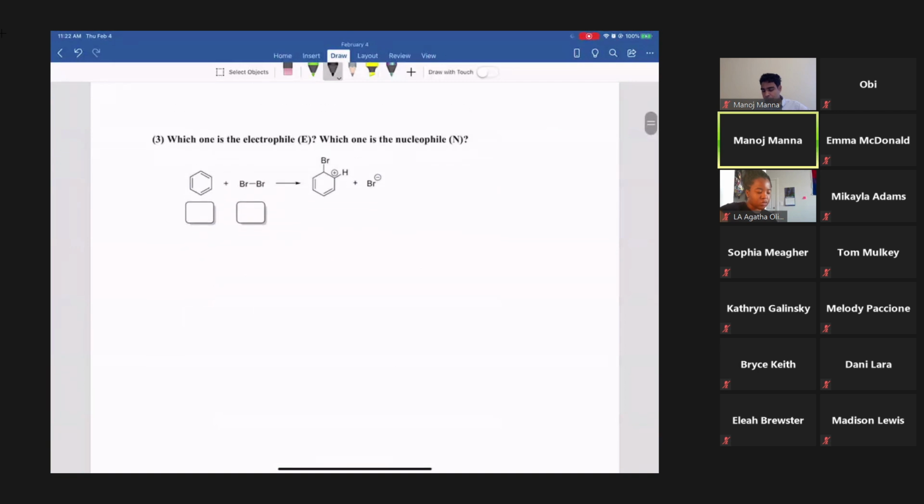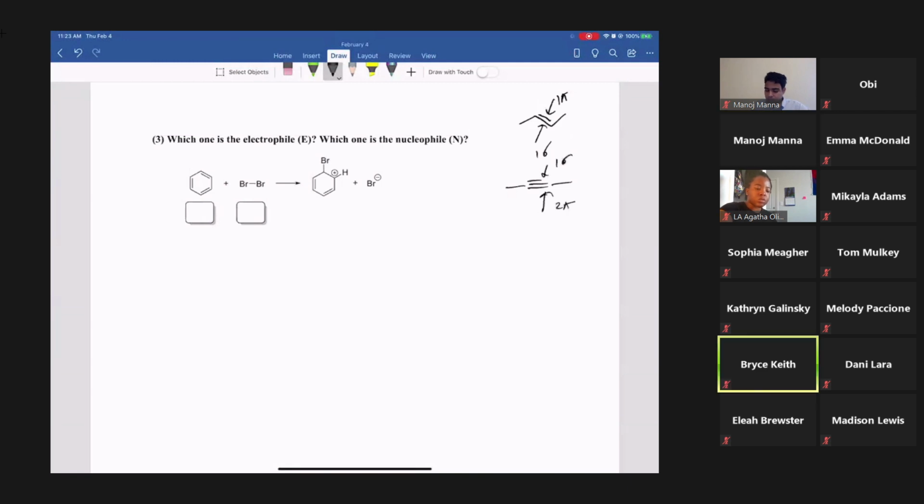Now in the third one, we have benzene. Benzene means you have three double bonds. That means one of them is sigma and one is pi, because if we have a double bond, that means one sigma and one pi. If you have a triple bond, one is sigma and two are pi.